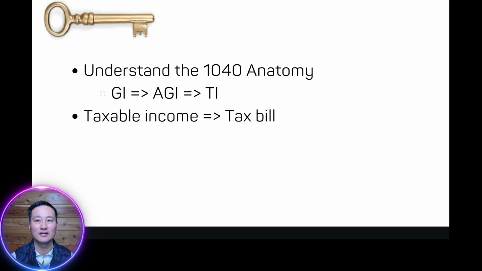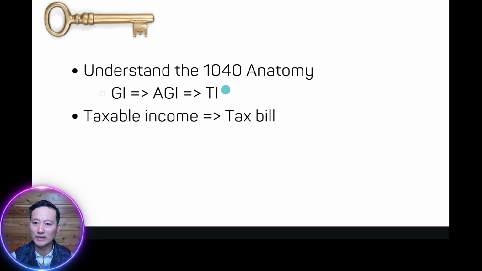So let me leave you guys with the final take-home points. It's very important to understand and even memorize the 1040 anatomy. It's foundational to everything in individual taxation, in my opinion. So it starts with your gross income, which becomes adjusted gross income via above the line deductions, and AGI becomes taxable income via below the line deductions.